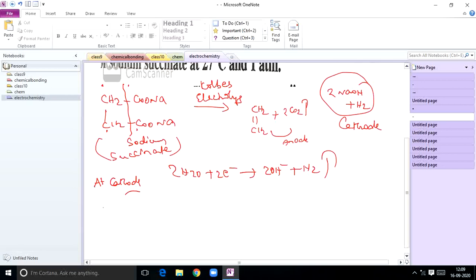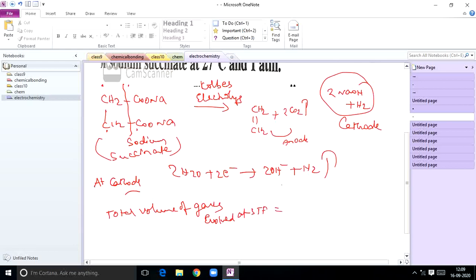So the total volume of gases evolved at STP. How much volume? How to calculate the total volume of all gases evolved at STP? What are the different gases evolved? So I am calculating the total volume of gases evolved at STP.